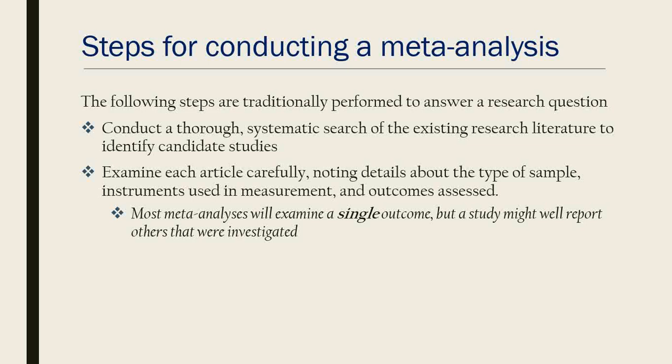Now most meta-analyses will examine a single outcome, but the studies that you're investigating might well report others that were investigated. For example, if you're doing clinical work, you might be investigating depression, but the study also investigated, say, anxiety and general well-being.